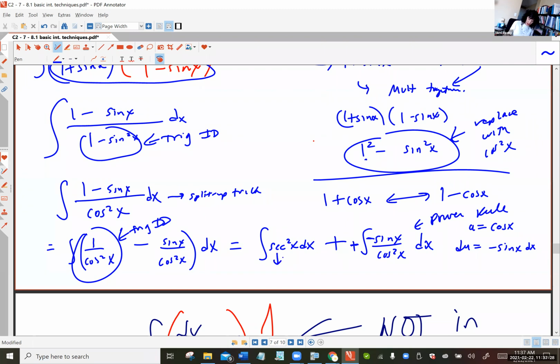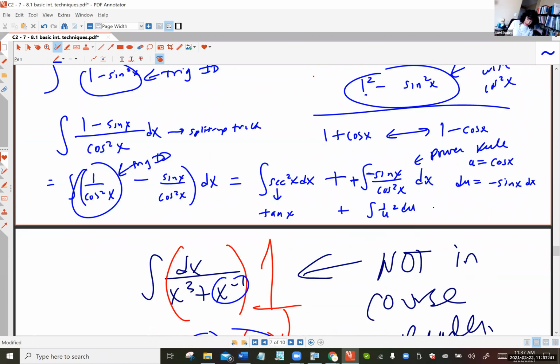The integral of sec squared, that's a regular formula you should have learned in Calc 1, that's tangent. Plus, this looks like 1 over u squared du right now. So if you remember, that's the same as the integral of u to the negative 2 du, which gives you u to the negative 1 divided by negative 1, which is negative 1 over u.